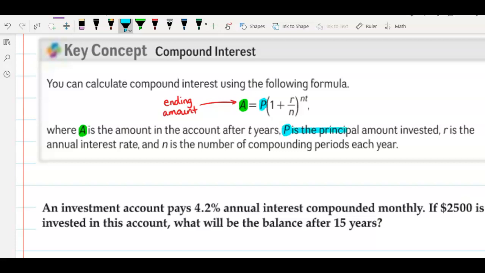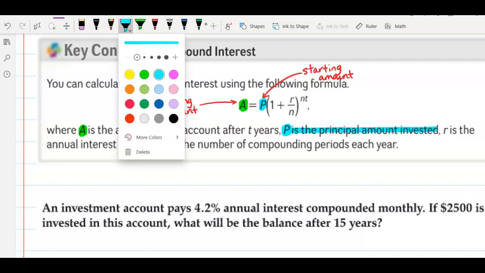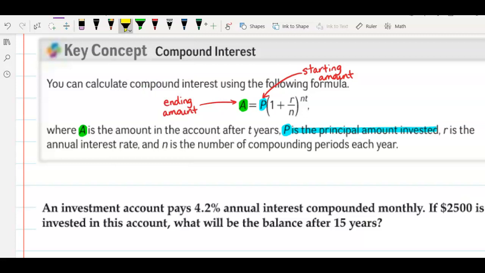We always start with the principal amount. That's our starting amount, or the amount of money we start with. R is going to be our rate. We've seen that in other examples. The percentage of the interest rate.